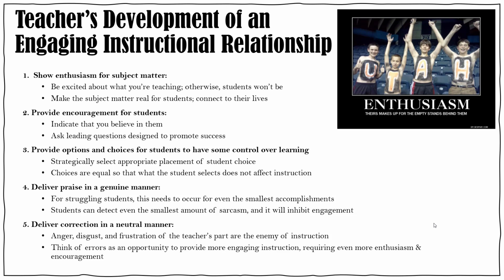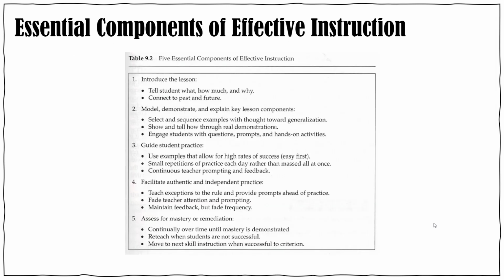So really think about your emotions being really positive and enthusiastic or very neutral. You really don't want to ever let the students know that you're getting frustrated with them. Just be very neutral. And then when they get something right or engage in the correct behavior, then you're really excited and you're enthusiastic and you're encouraging, and that builds those positive relationships.